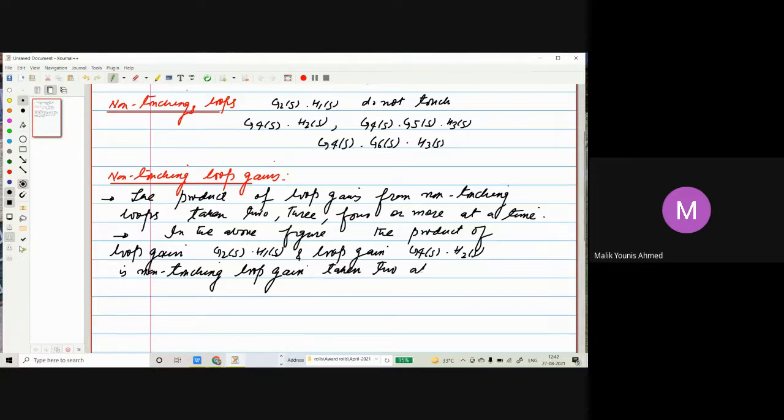What is the meaning of this? First of all you have to identify a pair of non-touching loops. If two loops are not touching each other, then you multiply their loop gains. That's called non-touching loop gains taken 2 at a time.